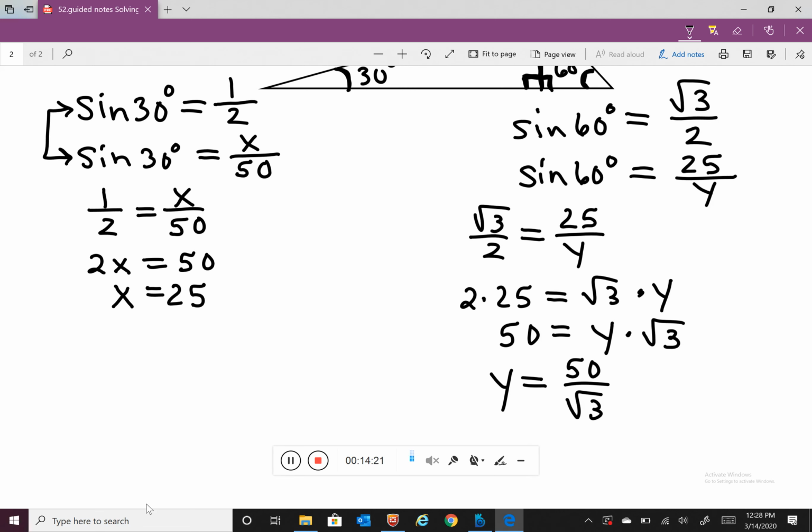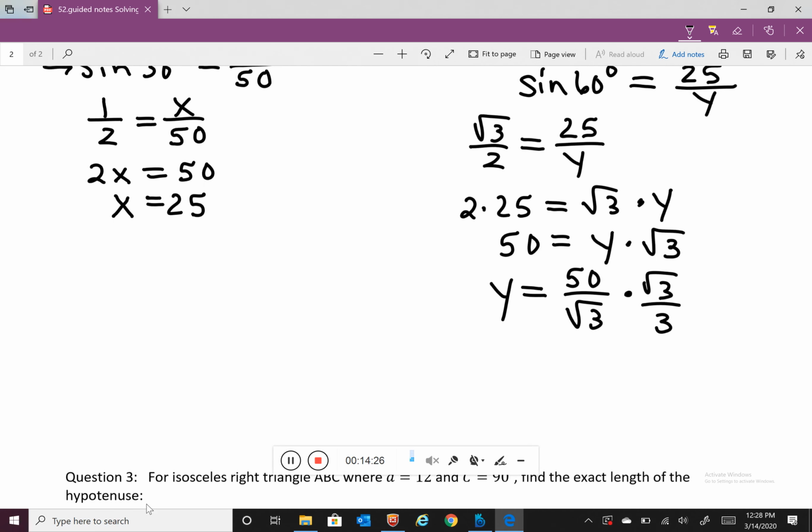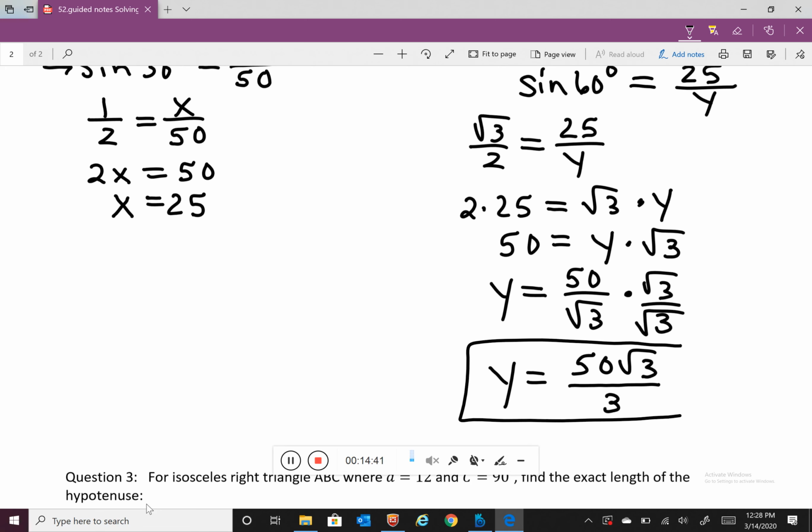And now we need to rationalize. And so y is equal to 50 times the square root of 3, oops, and I forgot my radical symbol there, over radical 3 times radical 3, which is radical 9, also known as 3. So we were able to use our special ratios to solve for both x and y as directed.